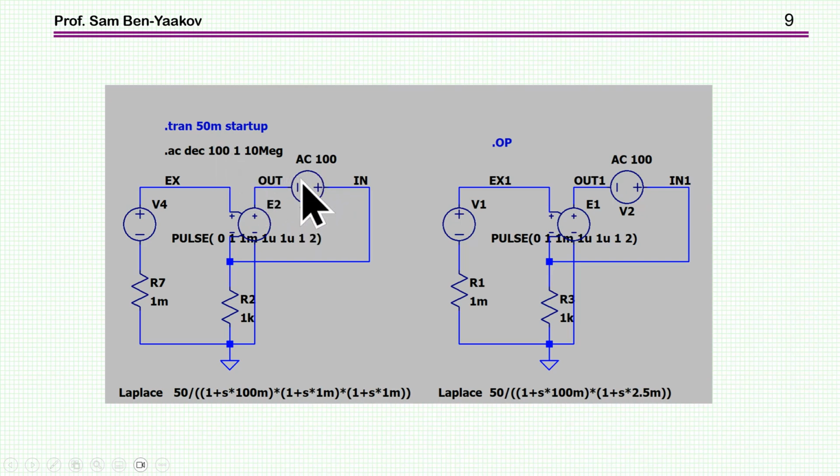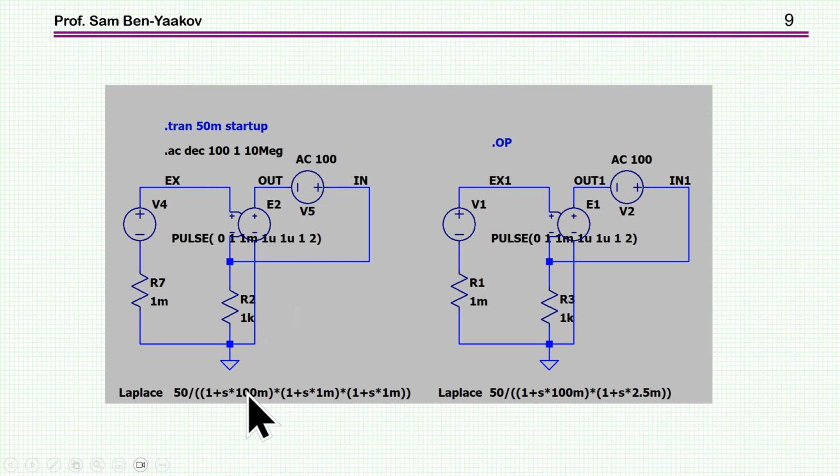If this is the signal going this way and then all the way back here, then this will be the loop gain. So the ratio between this voltage and this voltage in the AC analysis is the loop gain. Very, very convenient to do that.